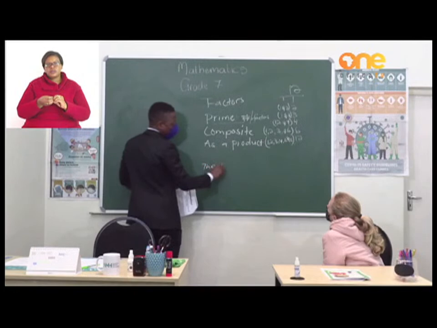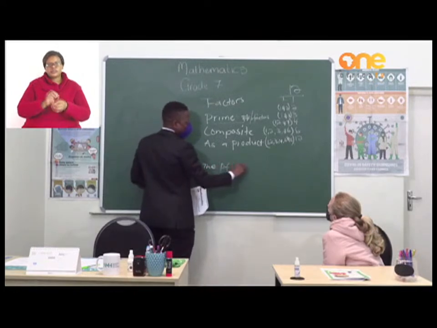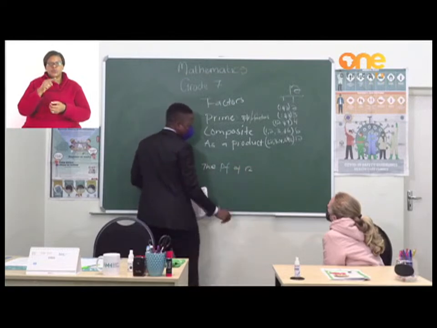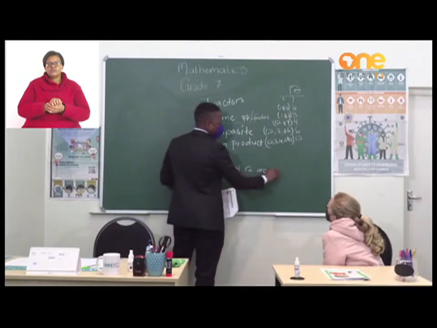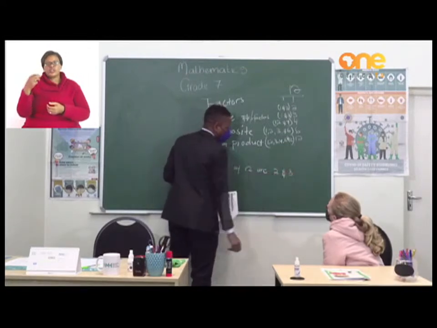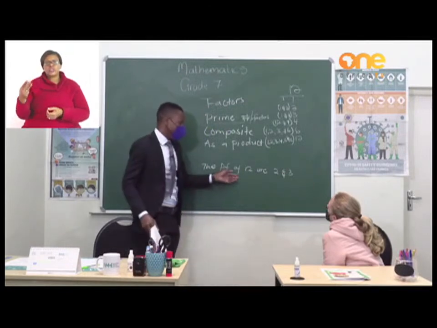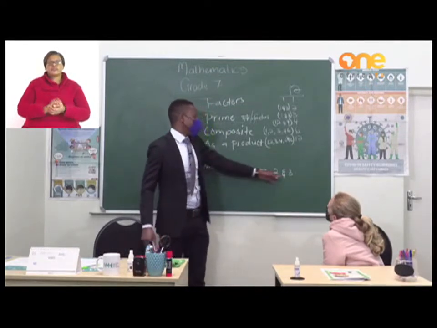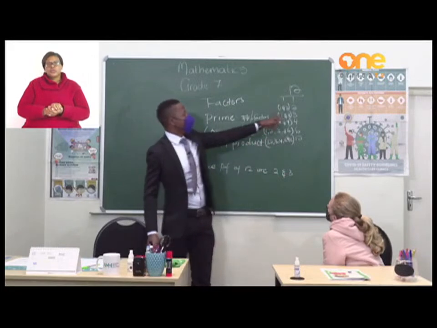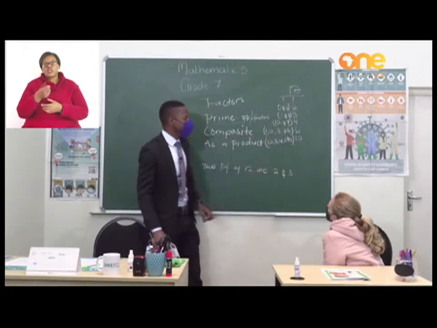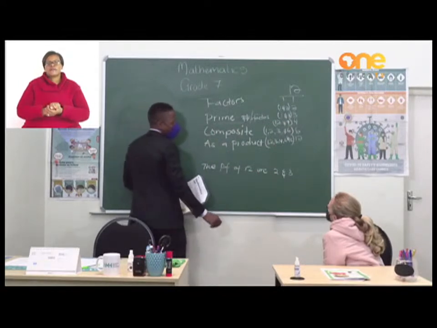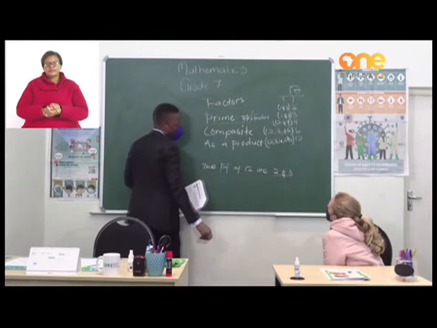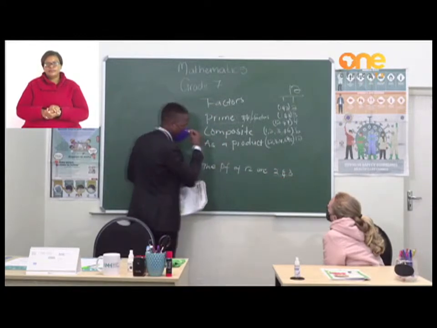The prime factors of 12 are 2 and 3. Why? Because they only have 2 factors. A prime number is a number with 2 factors.